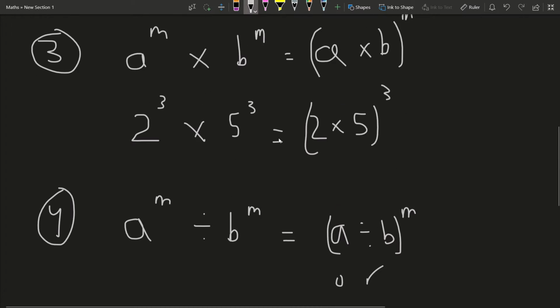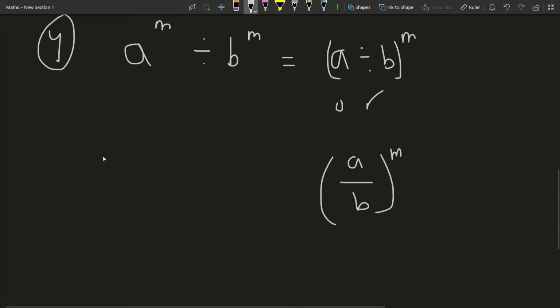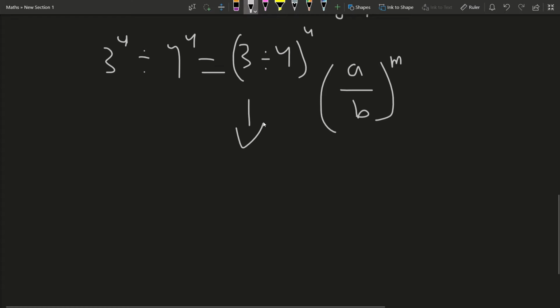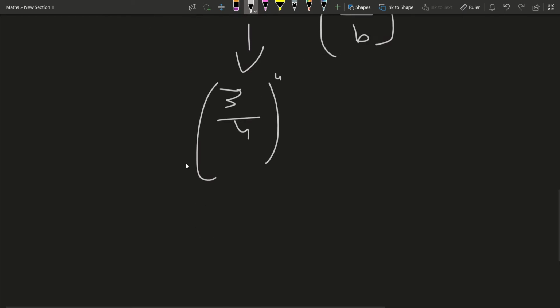So it's kind of like this again. Let's see, you have 3 to the power 4 divided by 4 to the power 4. You can write it down as (3 divided by 4) to the power 4, or you can write it down as (3 upon 4) to the power 4. There we go.